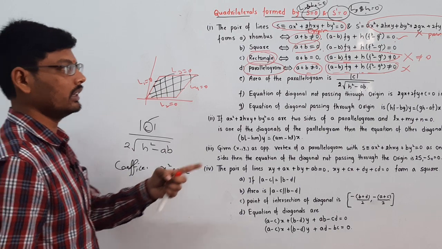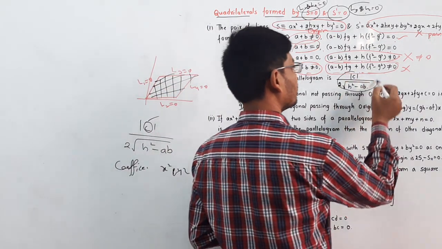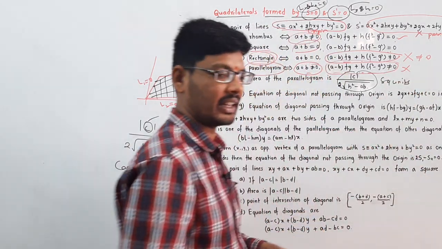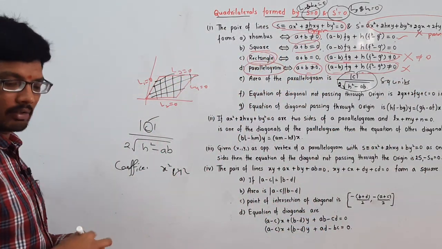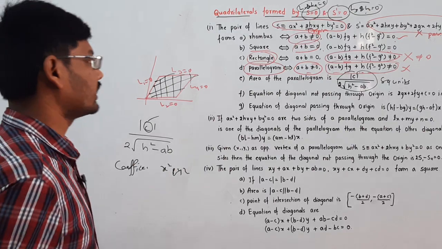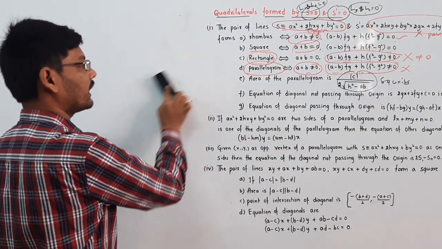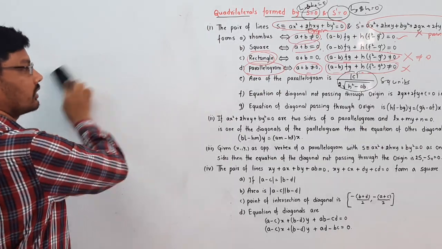This is all about the condition. The units are square units. This is the real value we are getting. So this is the area of the parallelogram framed by the 4 lines L1, L2, L3, L4 equal to 0.